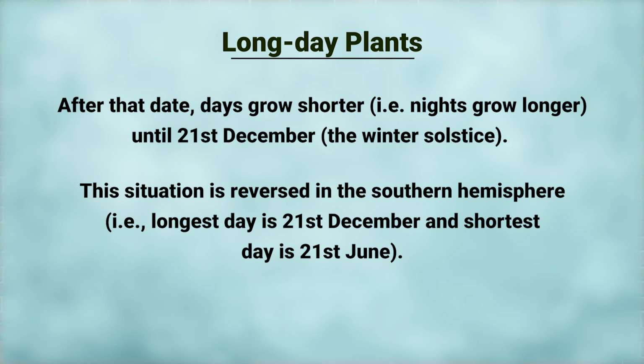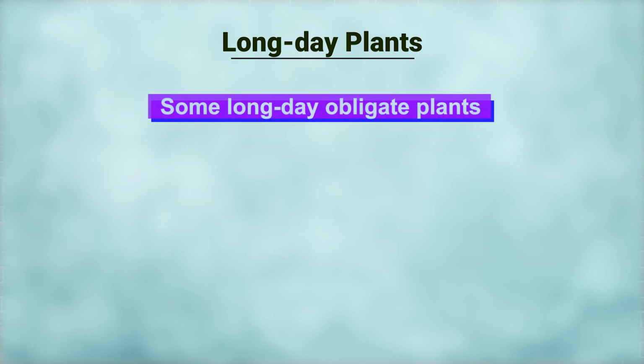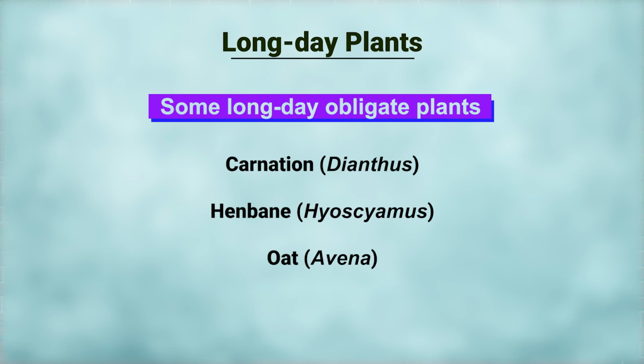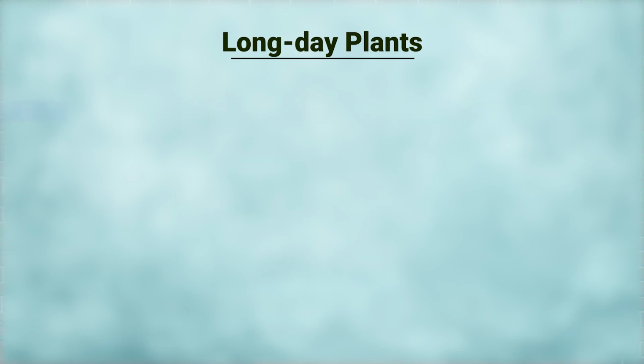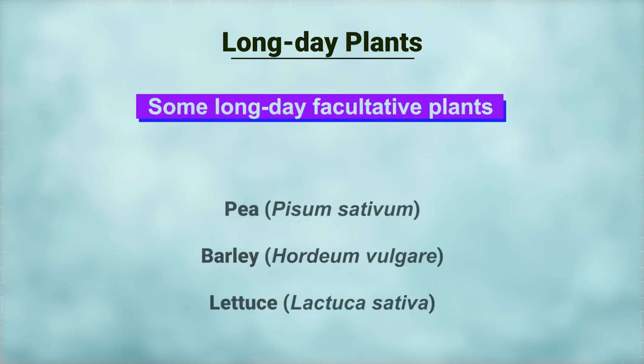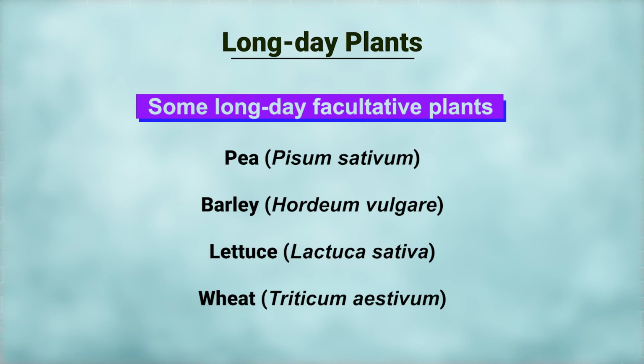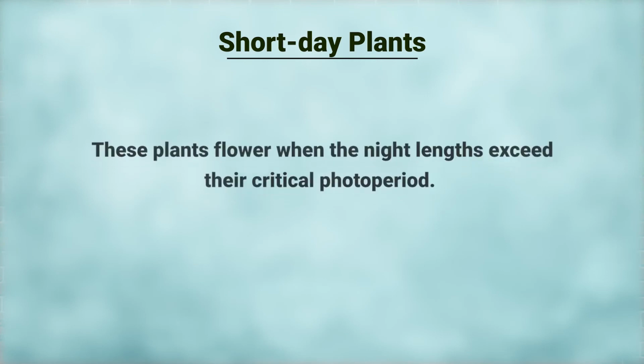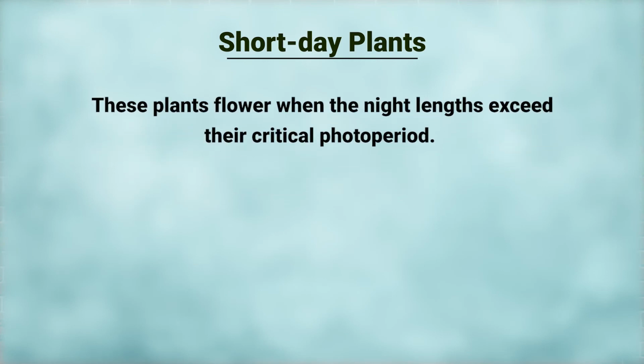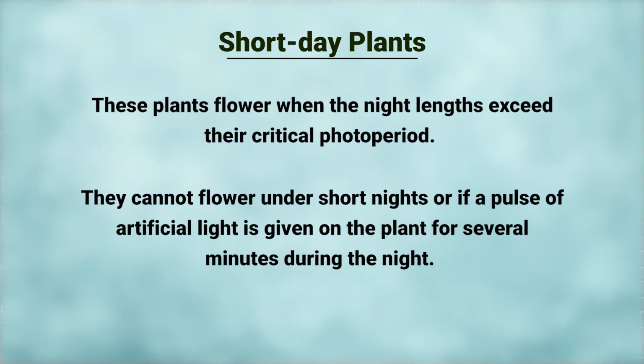That is, the longest day is 21st December and the shortest day is 21st June. Some long day obligate plants are carnation, henbane and oat, and some long day facultative plants are pea, barley, lettuce and wheat.